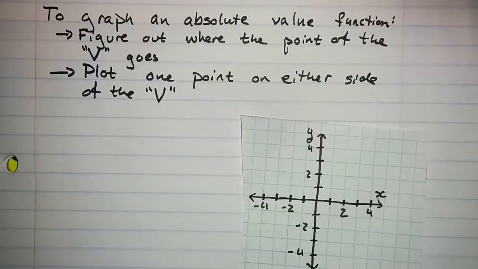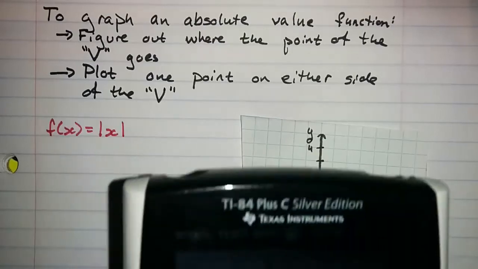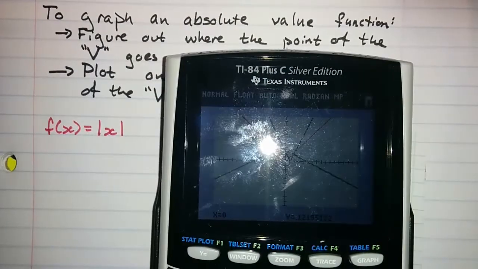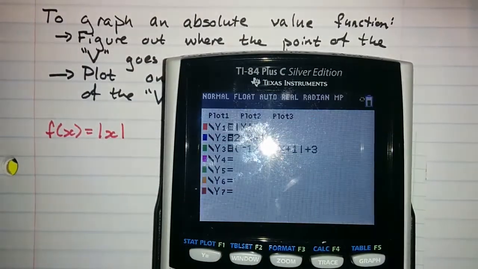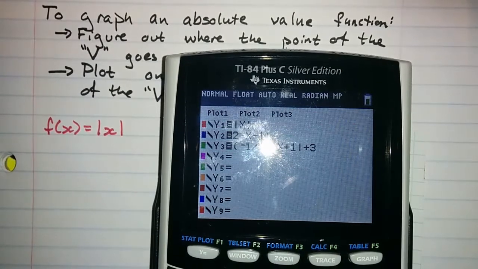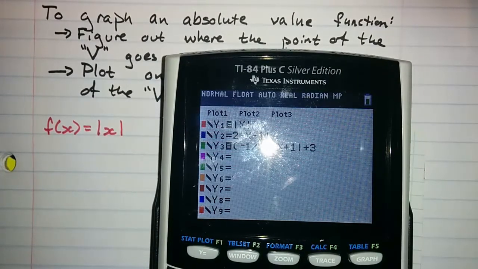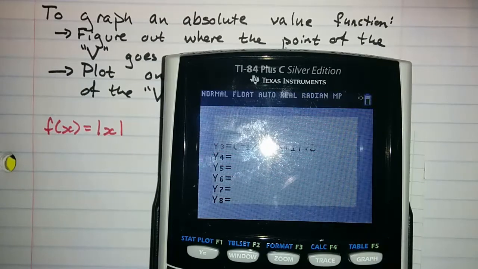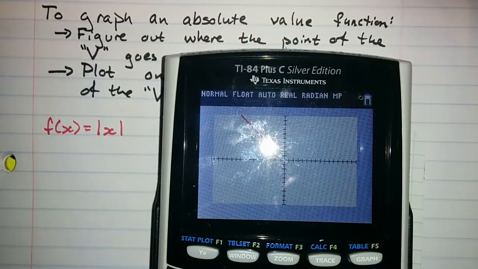So we're going to tackle f first. So I'm going to bring back my graphing calculator, but I'm going to go in and turn off y2, turn off y3, so that when I graph, I only see the graph of f.